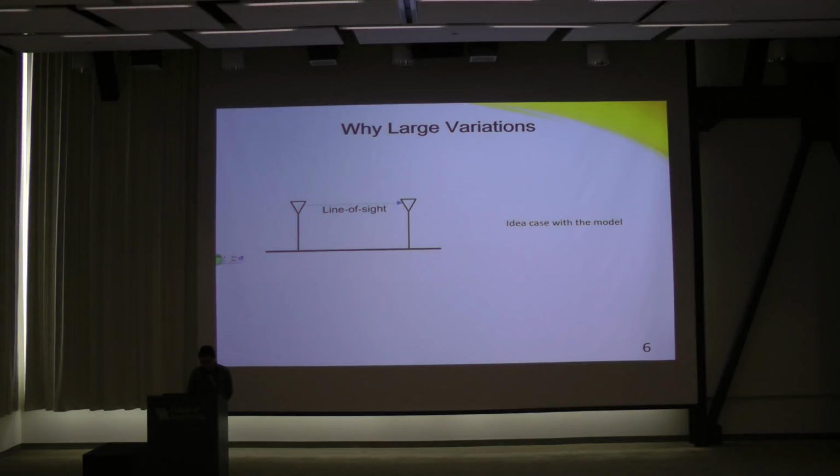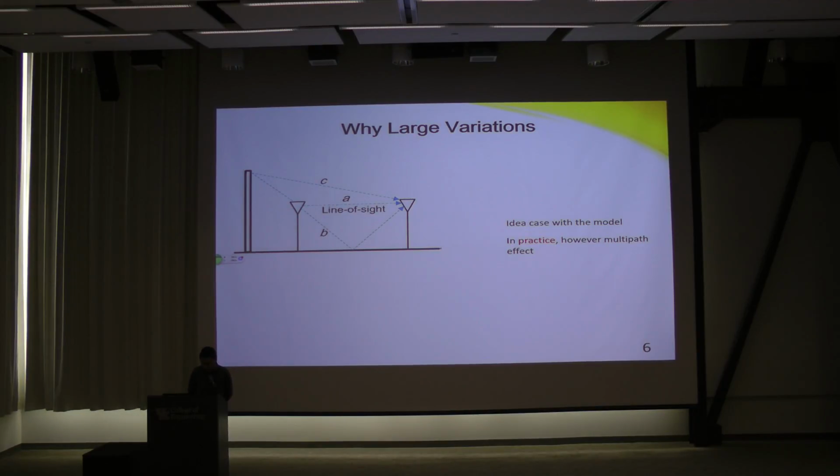And why are there such large variations? Because between the sender and the receiver, in the ideal case, it's just one path, a line of sight path. But in a real practical environment, there are multipaths.